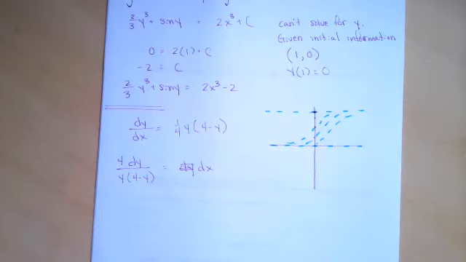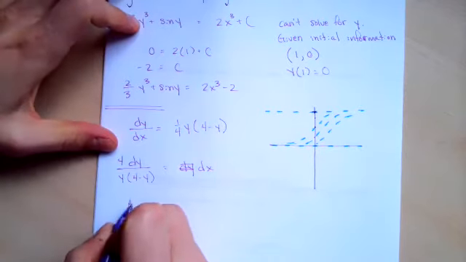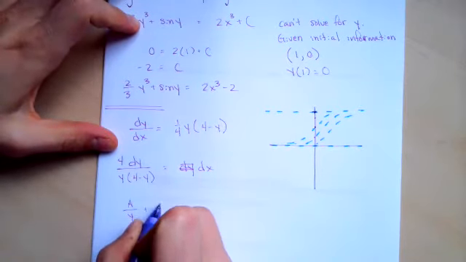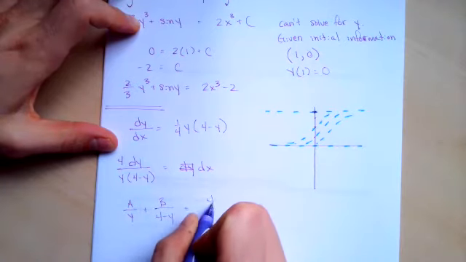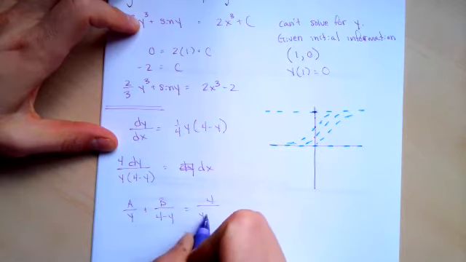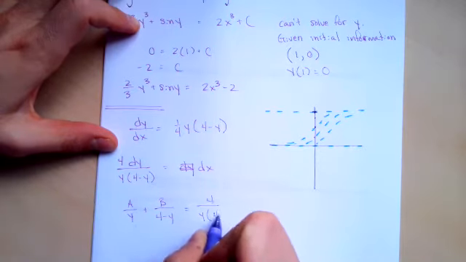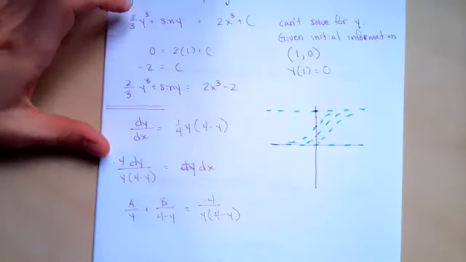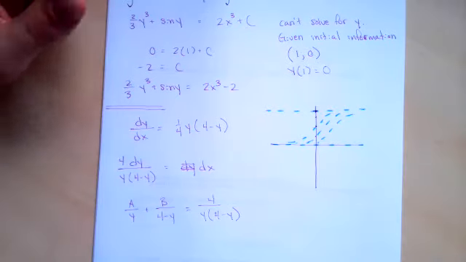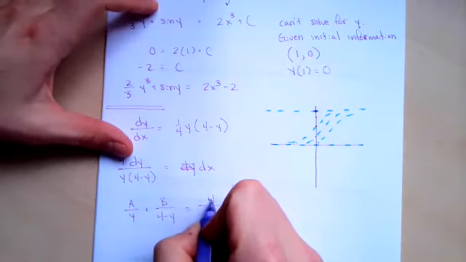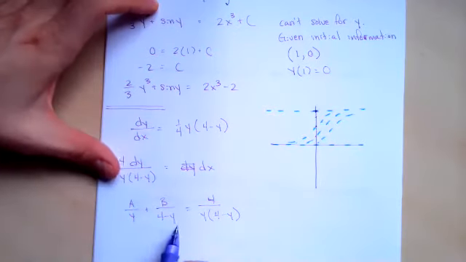So we've got a nice and factored expression on the bottom, and so this one's one where we have to use partial fractions. We're going to have something like a over y plus b over 4 minus y is equal to the combined expression. So what do we get?